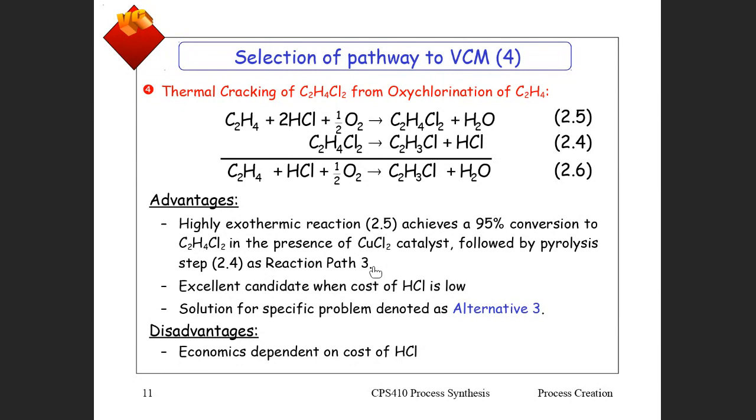But in your design project, you're going to have to go through this step yourself. You'll have to look at what is possible, what people have done, what the conversions are, and what you're going to choose for your design project.